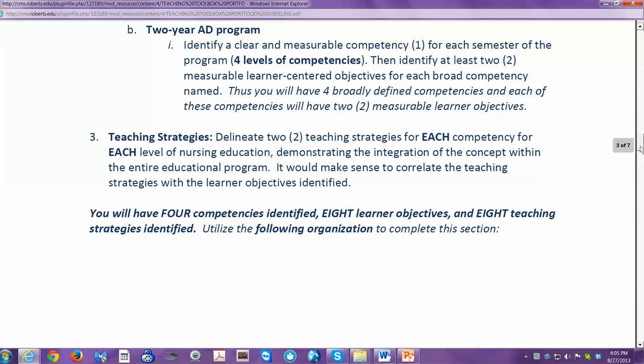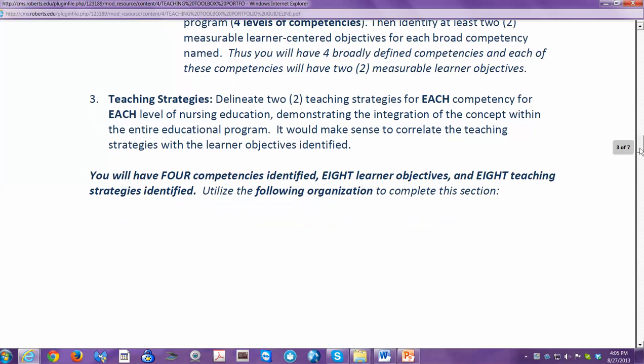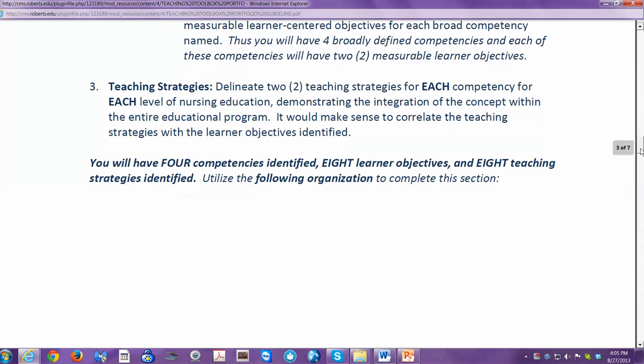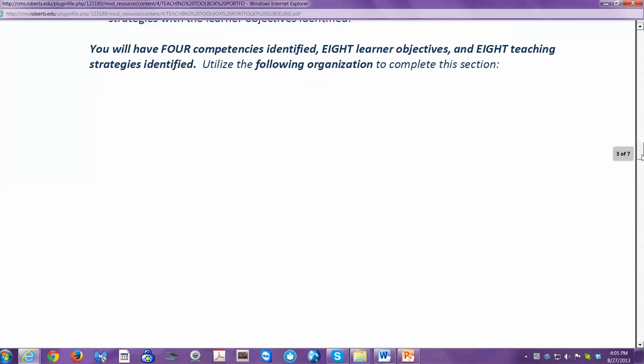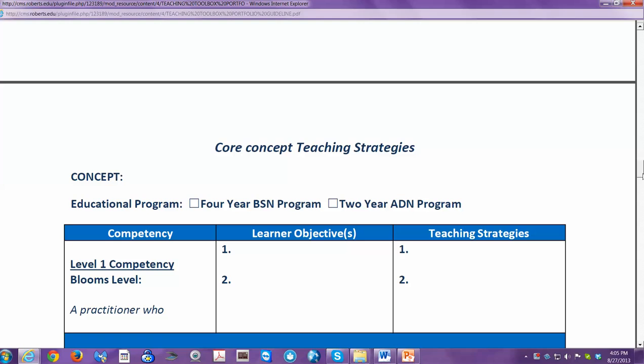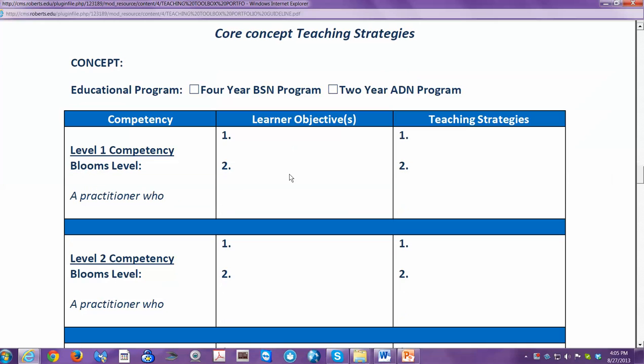So you'd have 8 teaching strategies plans, interactive teaching plans, 1 for each objective that you identified. And you would organize according to using this outline. So you'd have the competency, you'd identify the objective, the learner objective.